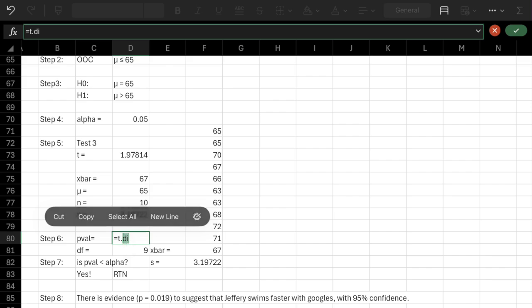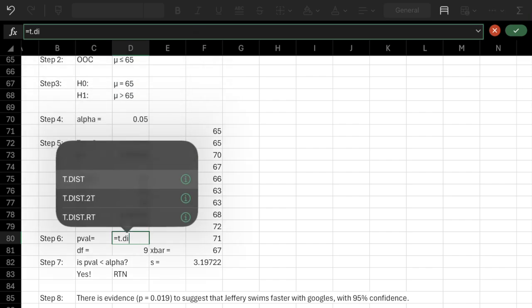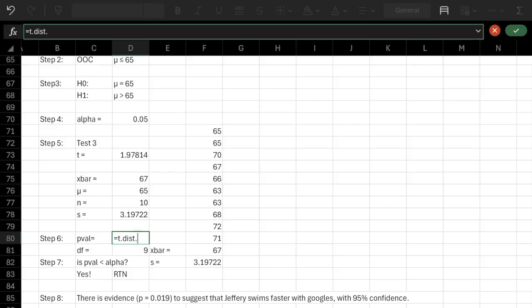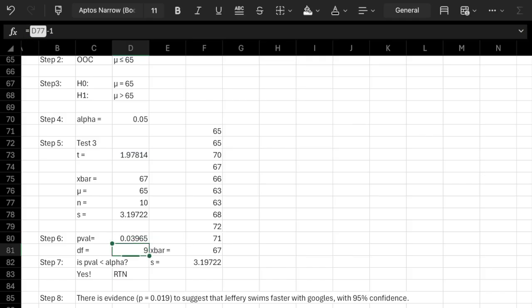Sorry, this is a right-tailed test. So I'm going to go t.dist.rt. That one. X is going to be that t value, degrees of freedom is right there. There's my p-value. There it is.